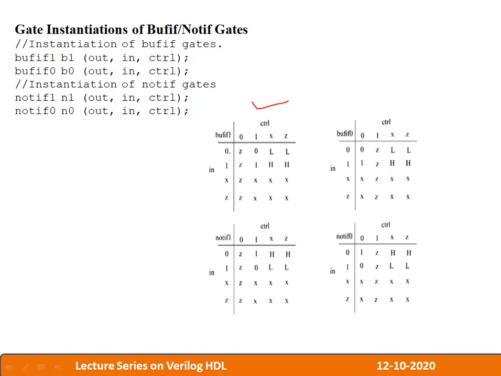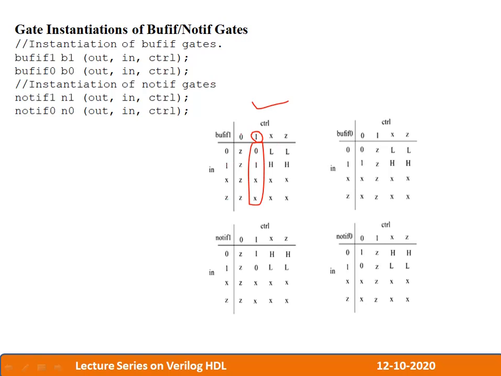For 0 it is 0, for input of 1, depending on the control signal. See, this is buff if 1, which means the output will be acting as a buffer only if the control signal is 1. So I need to worry about this column. If the control signal is 1, then input will be passed to the output.